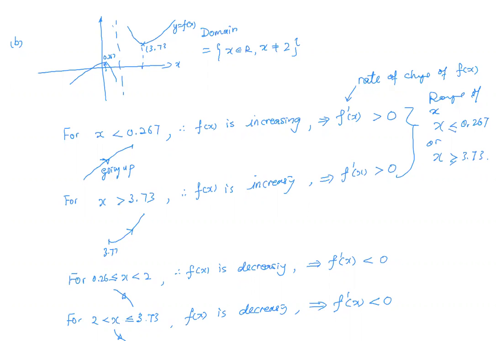Okay, so now based on this, how am I going to draw the sign diagram of f prime x? First of all, I know that f prime 0.267 is equal to f prime 3.73 is equal to what?